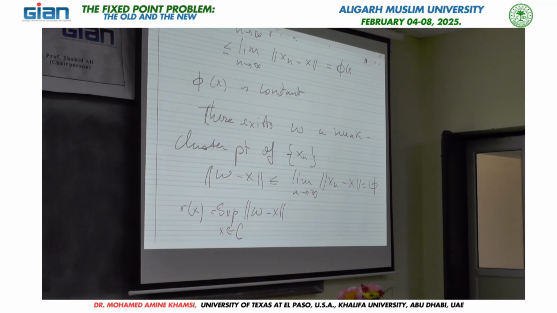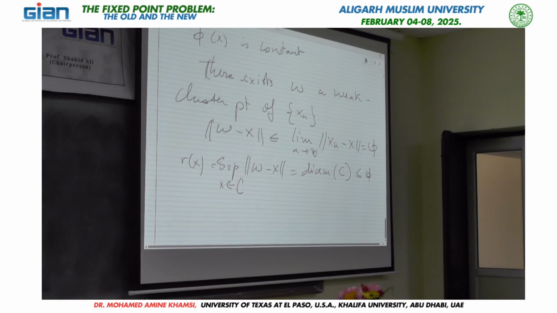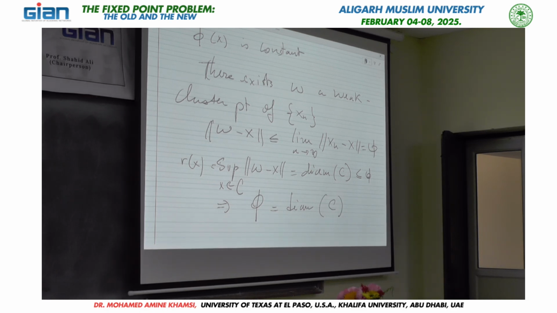And we just said that is equal to the diameter. But wait a minute. What is phi again? The limit of the norm of xn minus x is less than the diameter. Therefore, this tells me that phi is equal to the diameter of C. Now, this is Karlovich's lemma.